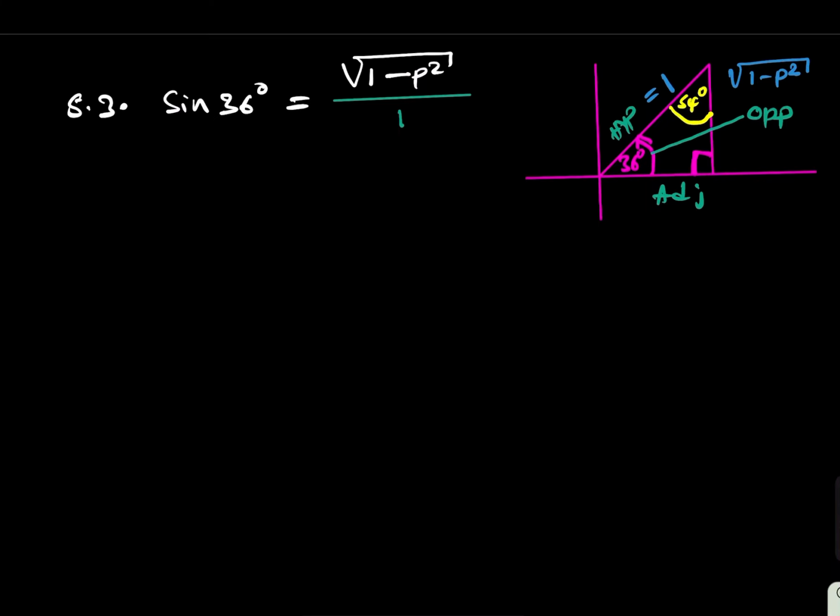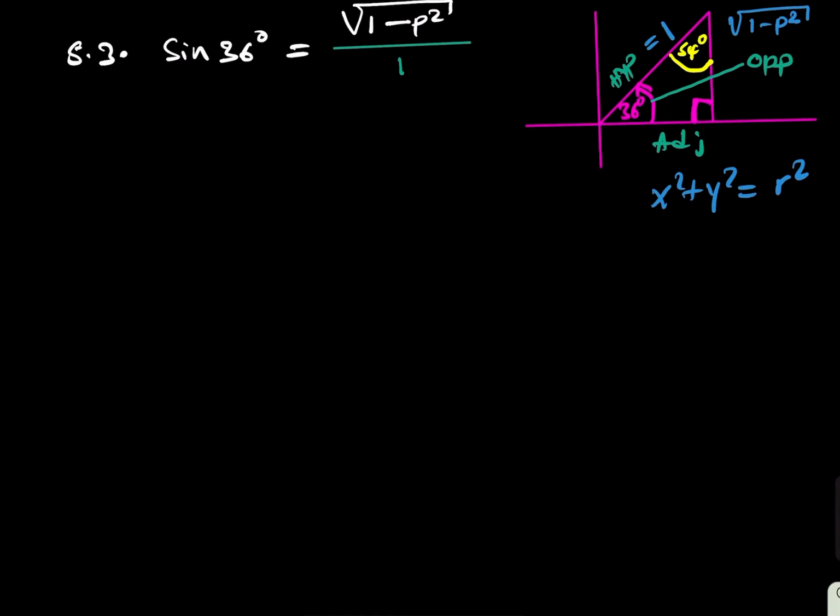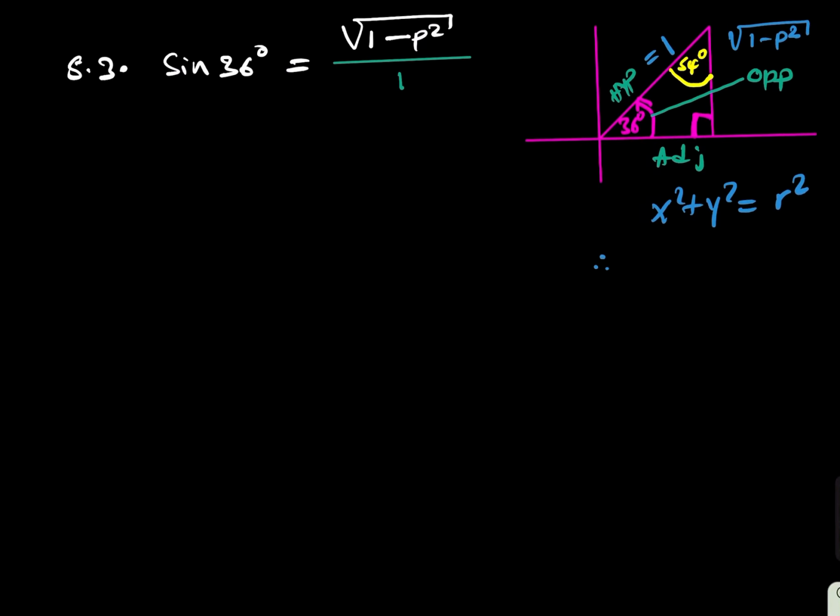And you need to find the positive adjacent side by the use of Pythagoras theorem. So that is x squared plus y squared is equal to r squared, the radius squared, which is the hypotenuse in this case. So your x is the adjacent side. You are looking for that.